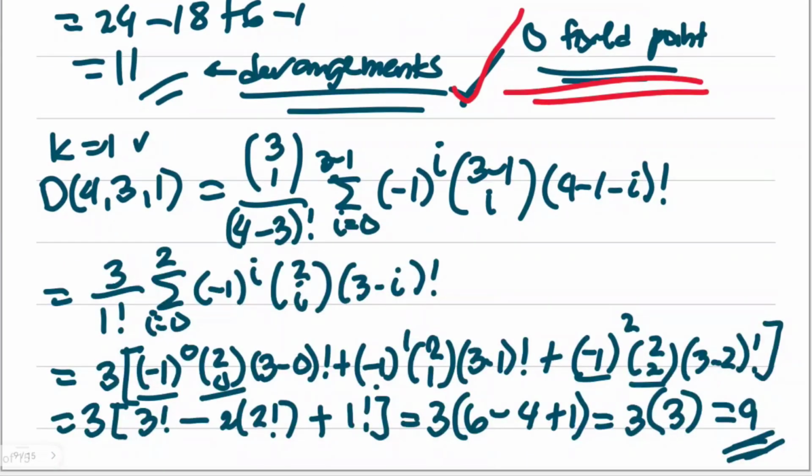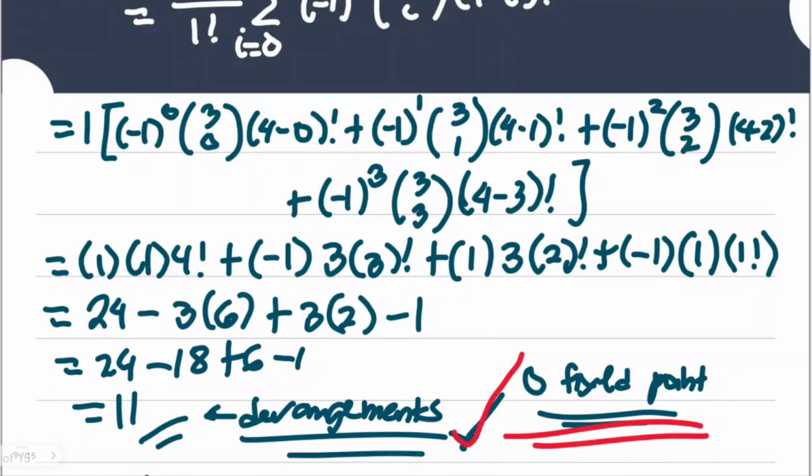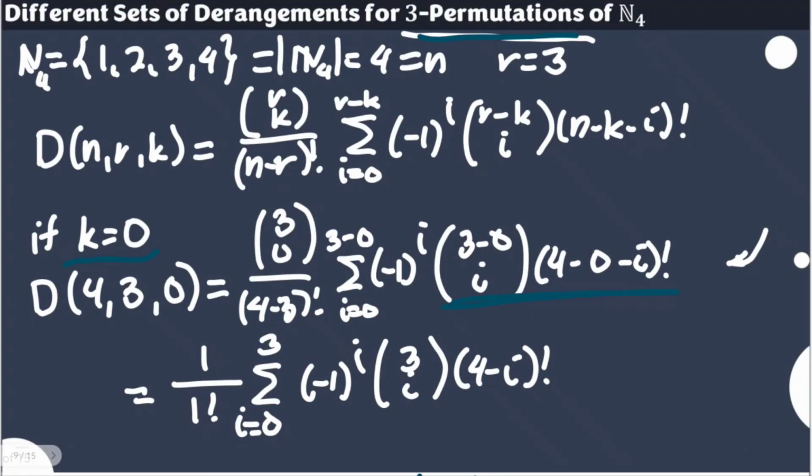And then we have this as we count the number of permutations, and at the next page as well, when we have fixed points. Okay, so this is still part of the counting techniques and even the combinatorics, because we're talking about number of arrangements considering fixed points, and that's the concept why we include this in the principle of inclusion and exclusion. We exclude those items with fixed points.